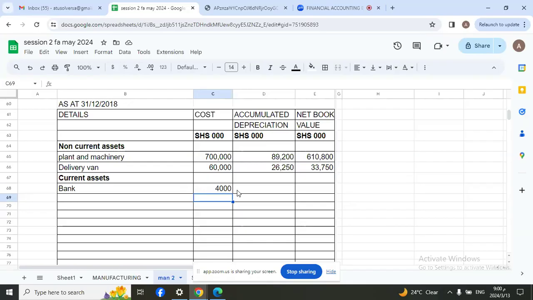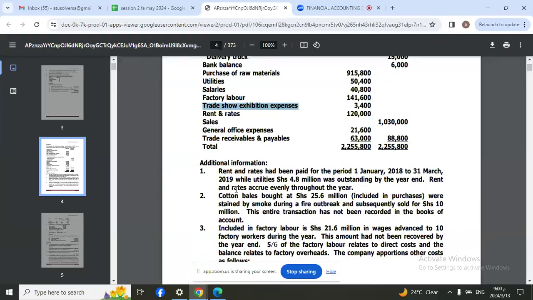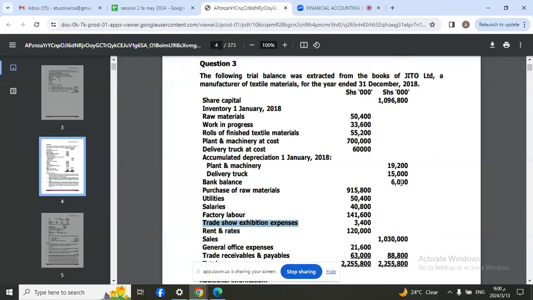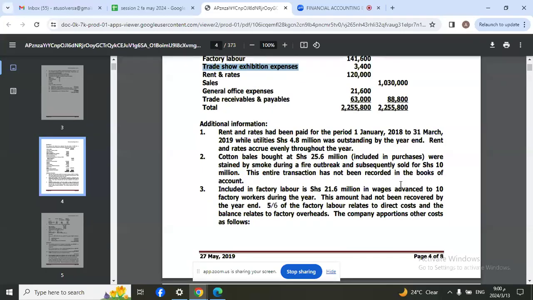Look, my bank, when you look at the equation, has a negative balance of 6 million, okay? They are telling me during the year, I sold the 10 million, but they didn't tell me either cash or bank.